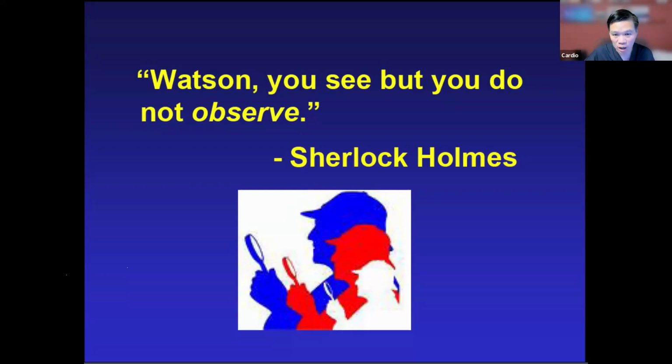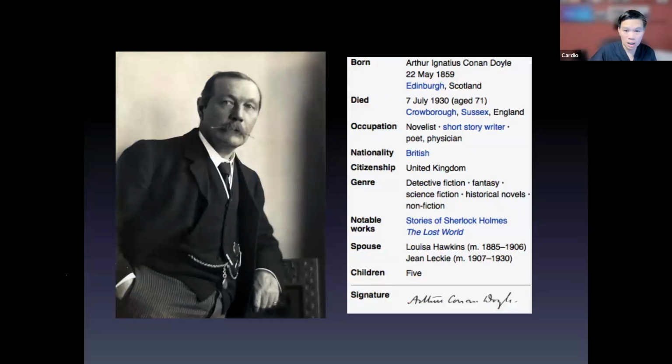So let's move on, and here we go. This is the author of Sherlock Holmes. He's originally from Edinburgh, and his name is Sir Arthur Conan Doyle. He was born in 1859, and he's actually a physician, as many of you may or may not know already. As a hobby, he would write detective stories and fantasy and science fiction during the weekends and evenings.